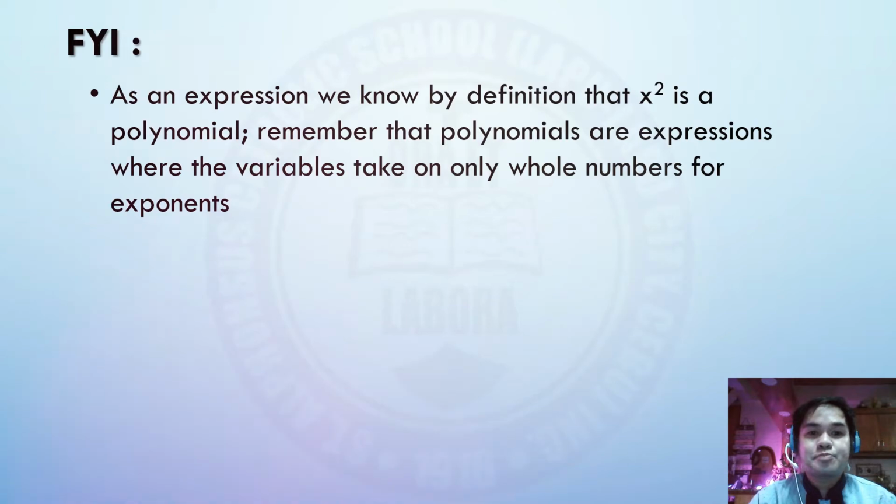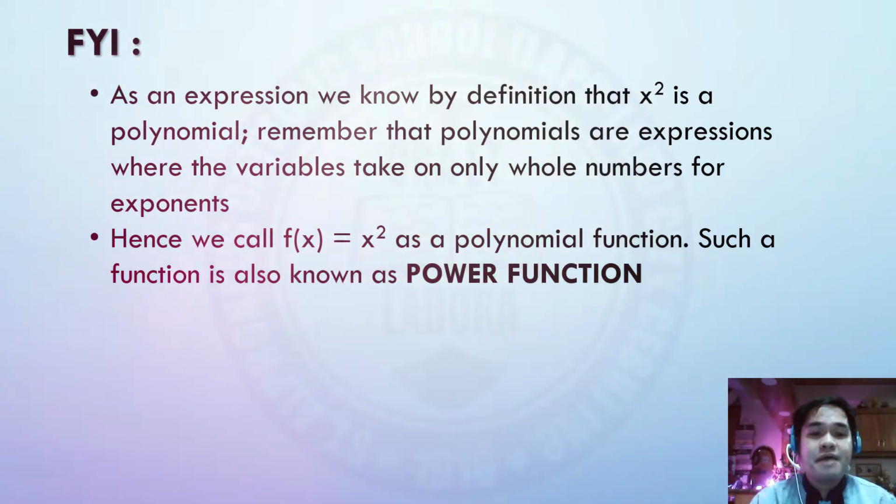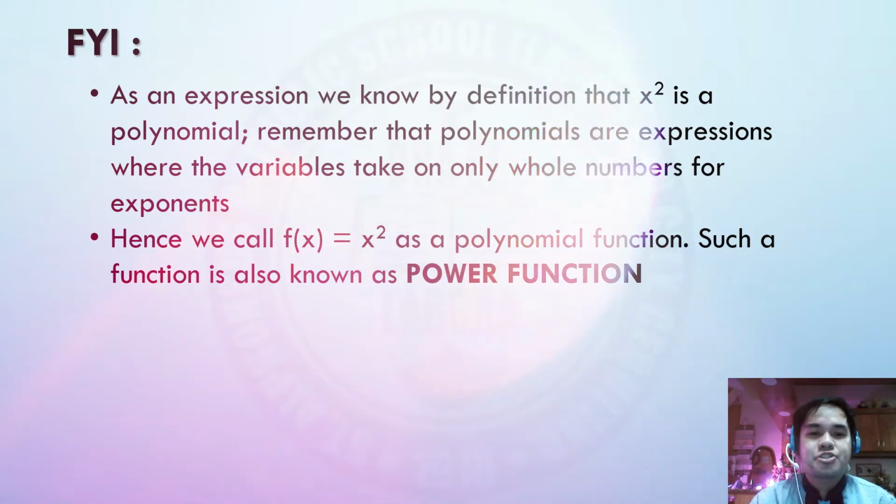For the information of everybody, as an expression, we know by definition that x squared is a polynomial. Remember that polynomials are expressions where the variables take on only whole numbers for exponents. Hence, we call f of x equal to x squared a polynomial function.